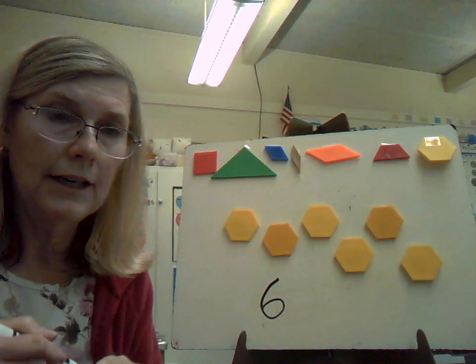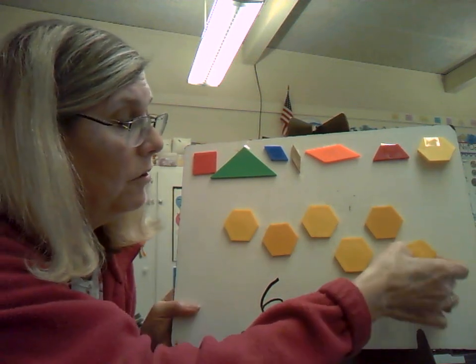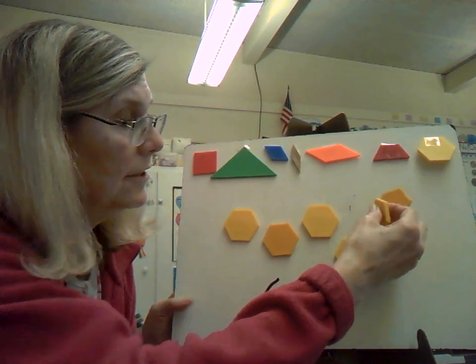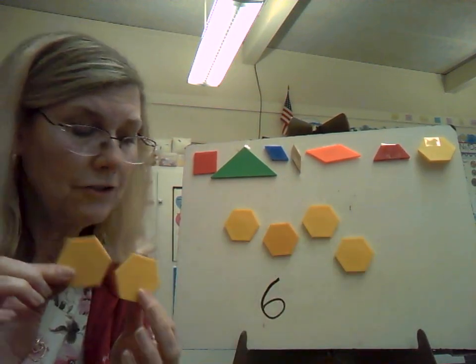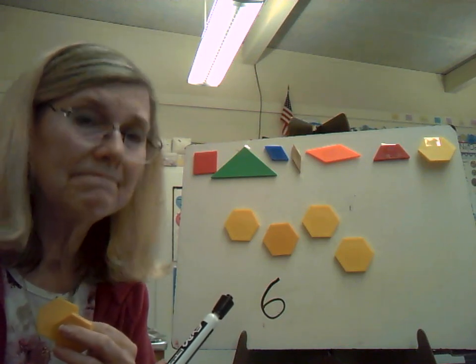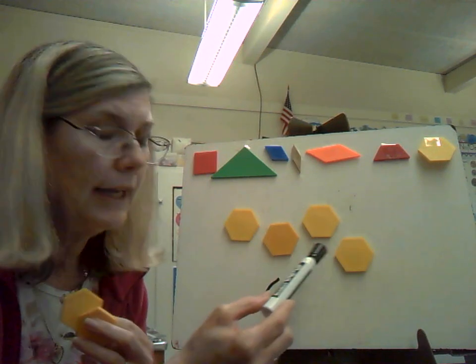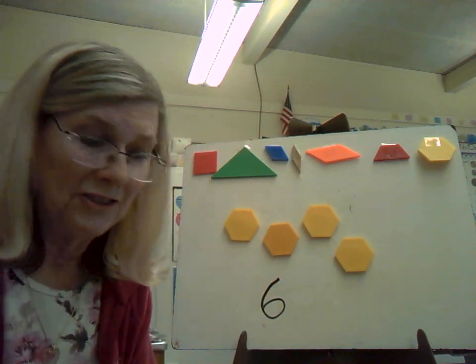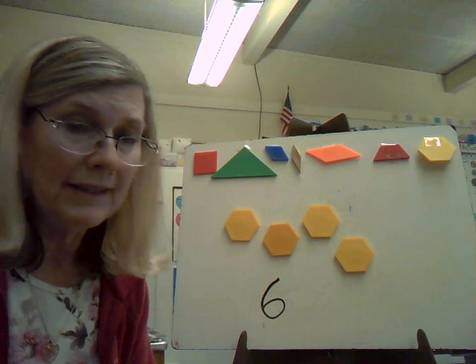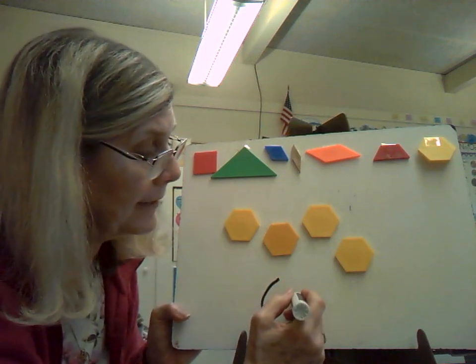Here's my 6 hexagons. Let's say that 2 of them go away. 1, 2. So, how many do I have left over? That's right, we've got 4 left over, don't we? 1, 2, 3, 4. Let's write an equation to go with that. Because we had 2 go away, this is going to be subtraction, so you need to use the minus sign.